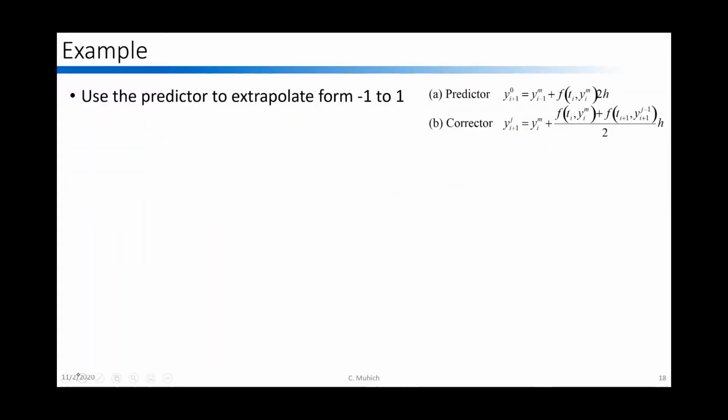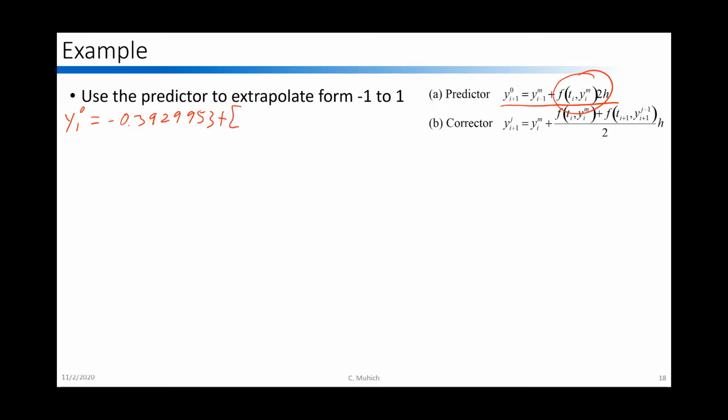So the first thing that we're going to do is we're going to need to use the predictor to extrapolate from t equals -1 to t equals 1. So here we're using our predictor formula. So we can say that y1 at that first prediction is equal to that previous step, -0.39299953 that I had given you previously, plus my function value of where I currently am.